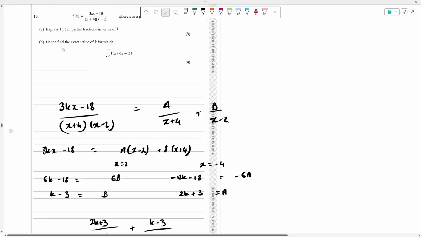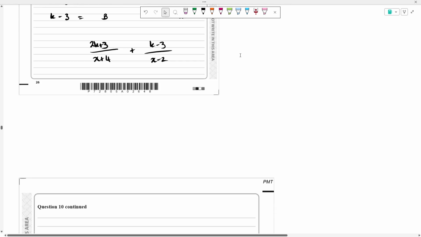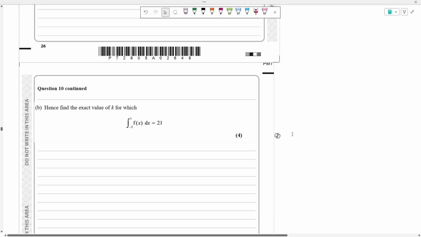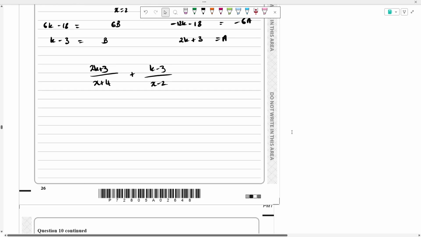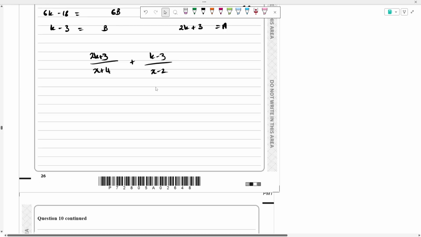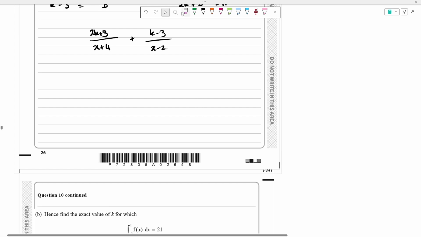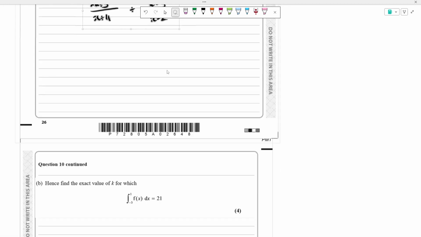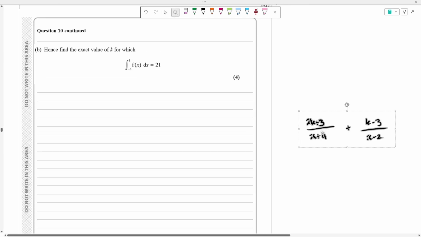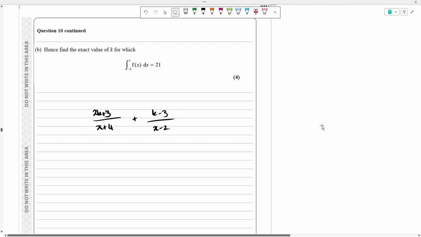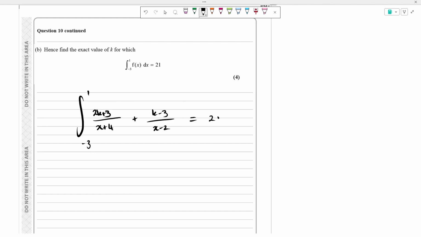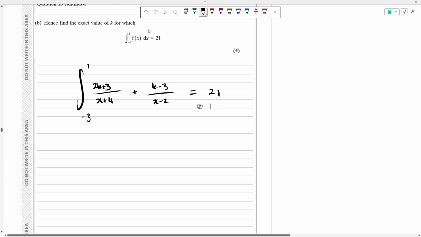Part B: hence find the exact value of k for which this integral here is equal to 21. So essentially what we're doing is the integral of these partial fractions here, because this is f(x). So I'm going to bring this down for part B, and that means that the integral of this between minus 3 and 1 must equal 21, and we're trying to solve for the value of k.